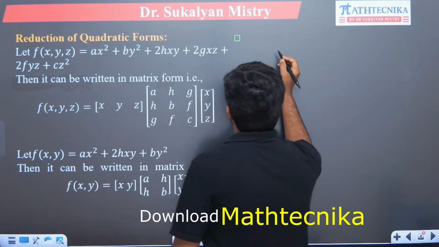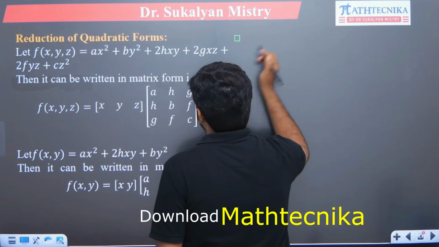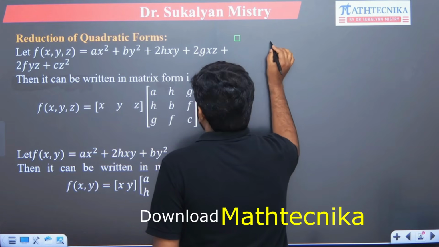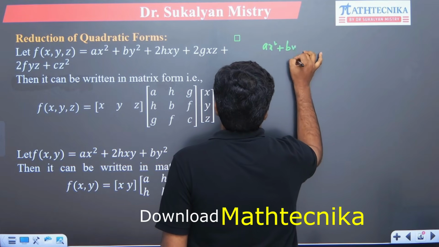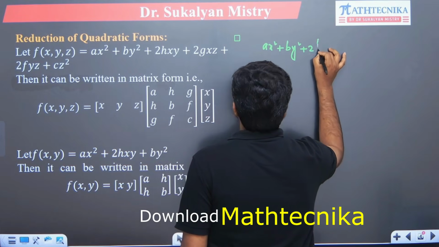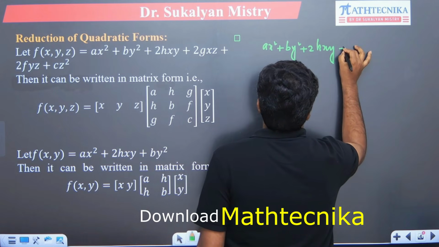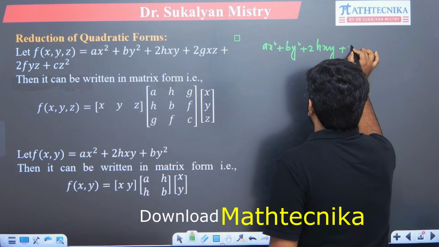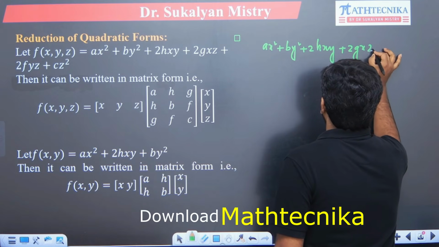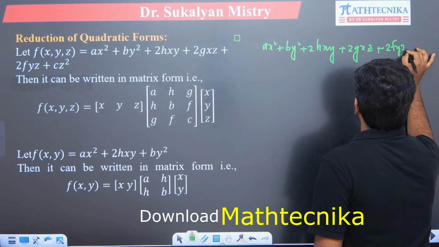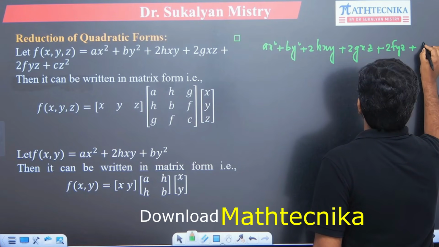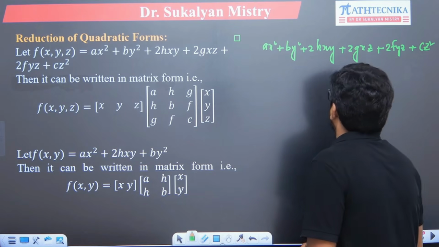Suppose if we consider the quadratic form, ax square plus by square plus 2hxy plus 2gxz plus 2fyz plus cz square.